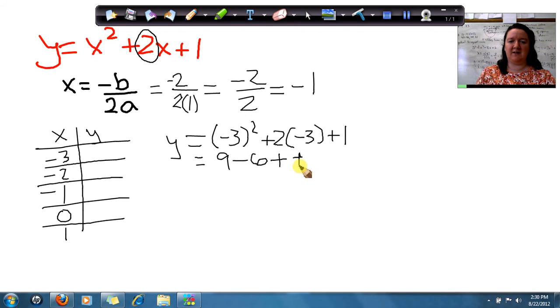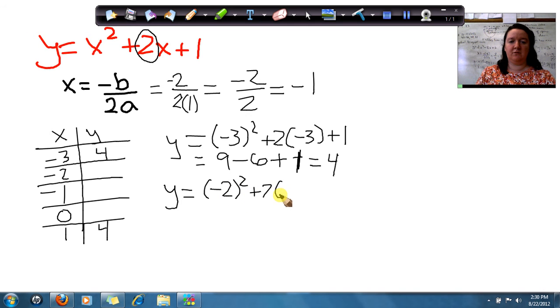So if I take 9 minus 6, that's going to give me 3. 3 plus 1 will give me 4. So I know that my value here would be 4. And because I know that my point of 1 is symmetric to that, I know that it will also have a value of 4.